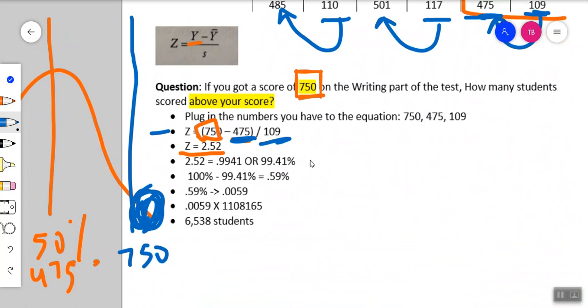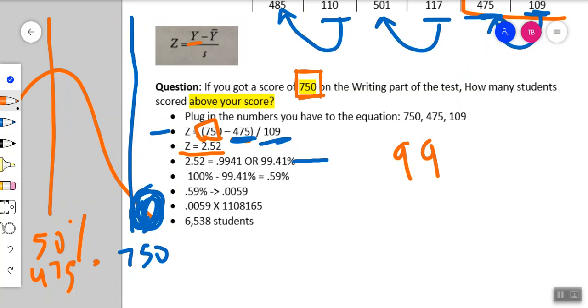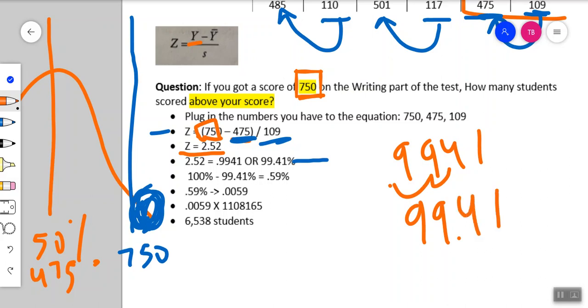Okay, so we found this one, that's this step right here. We had 2.52 equals 0.9941 or 99.41%. I should write that down here. Remember, two decimal places over, 99.41.